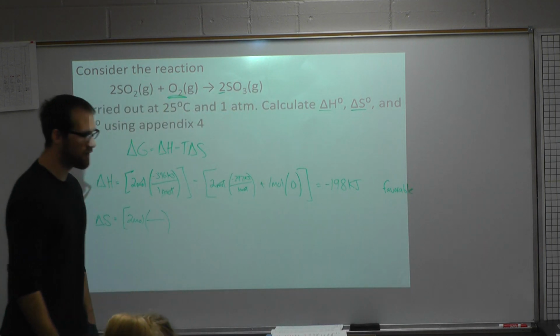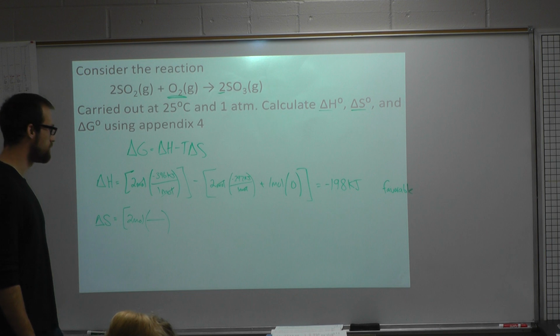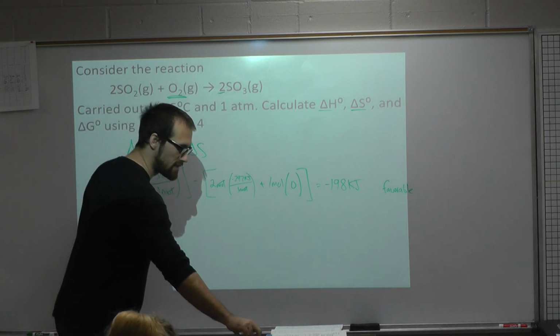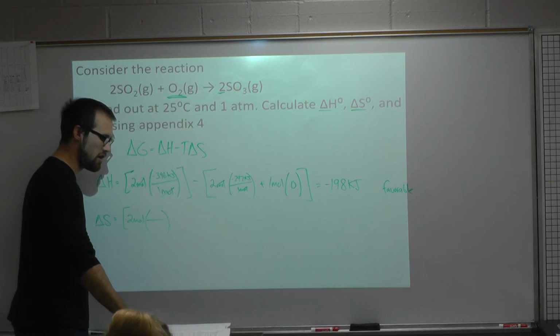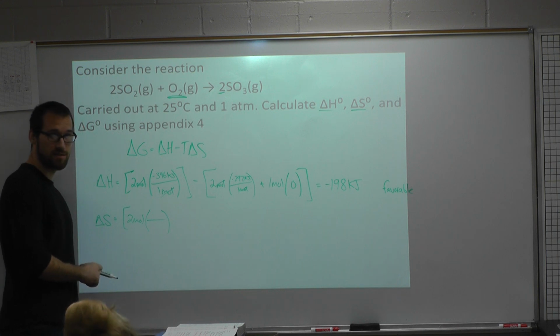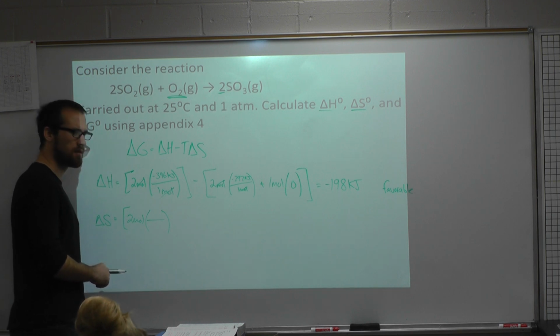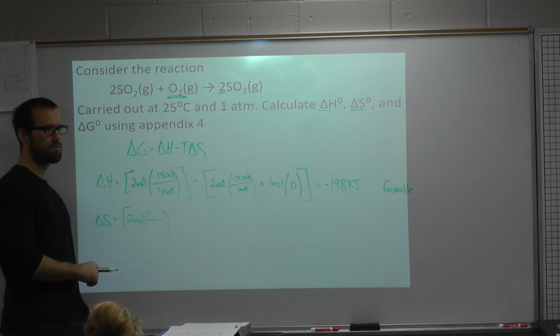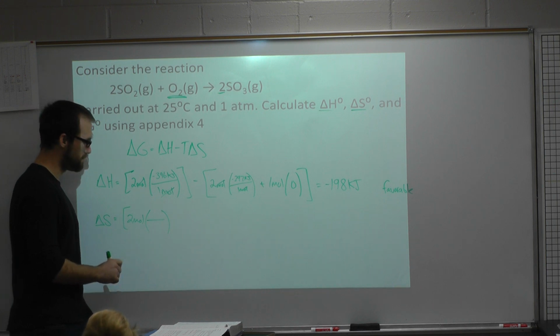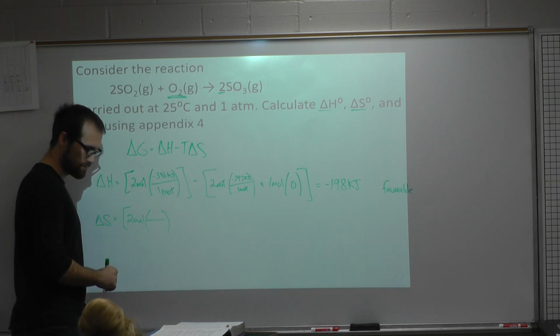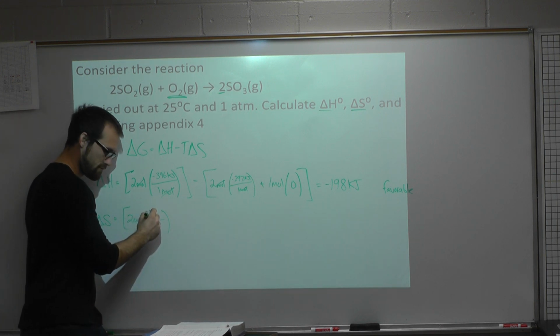Okay, now let's figure out if the S is favorable. Okay, same appendix, different column, different units. What do we got for SO2? SO3, yep. 257.